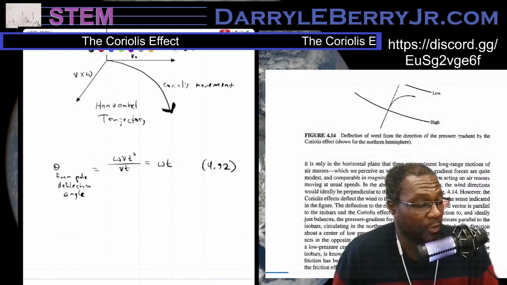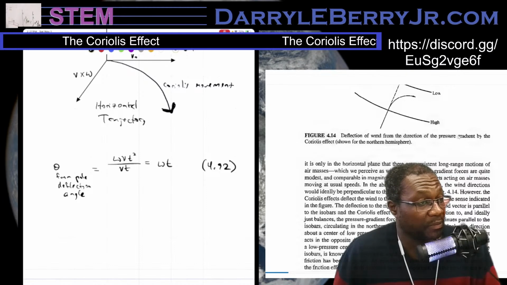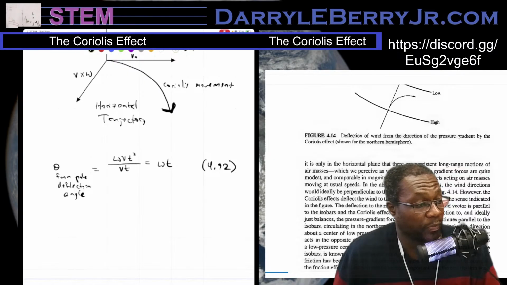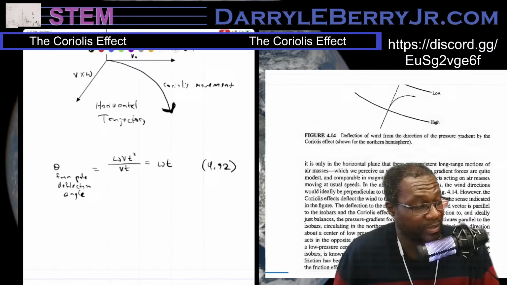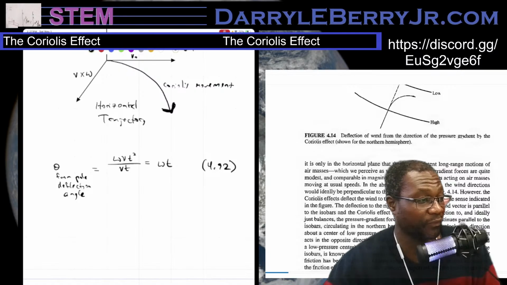It was only in the horizontal plane that there are persistent long-range motions of air masses, which we perceive as winds. Okay? The pressure gradient forces are quite modest and comparable in magnitude to the Coriolis effect acting on air masses moving at usual speeds. In the absence of Coriolis effects, the wind directions would ideally be perpendicular to the isobars, as shown in figure 4.14.